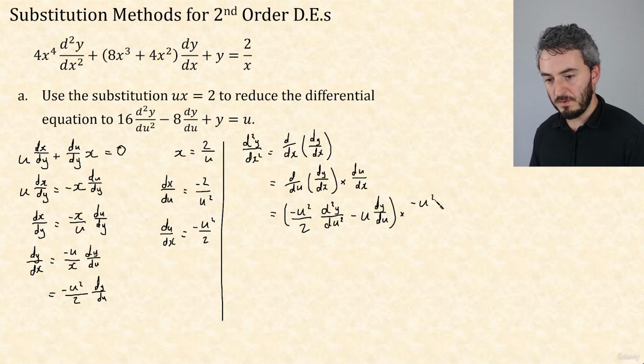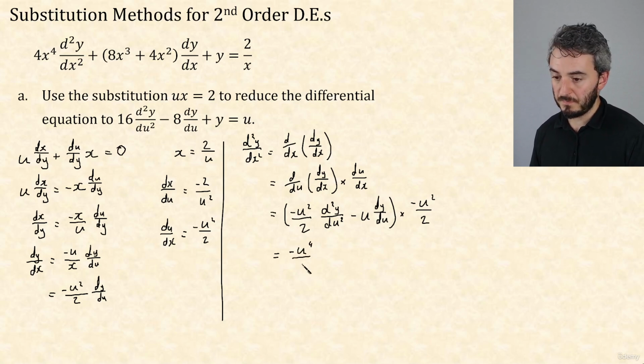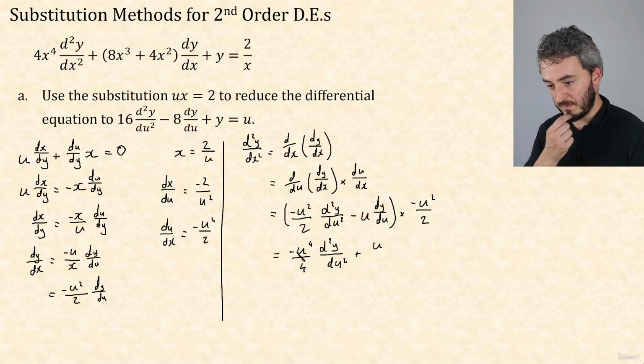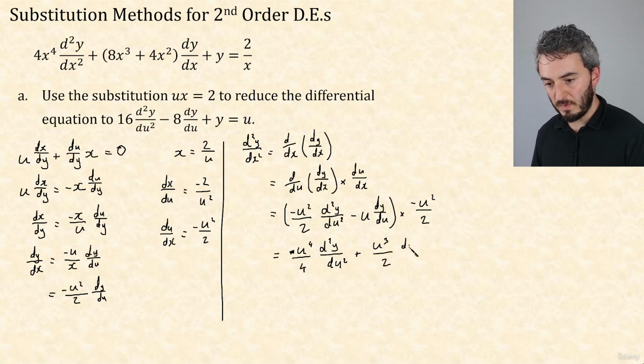So expanding this, we get minus u squared over 2 times minus u squared over 2 gives me minus u to the 4 over 4 d2y by du squared. Then this times this gives me plus, minus times minus is plus, u cubed over 2 times dy by du.